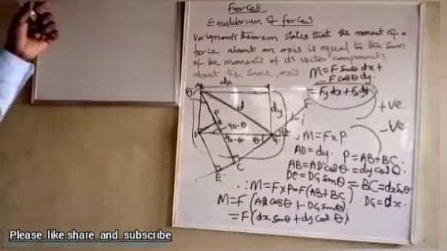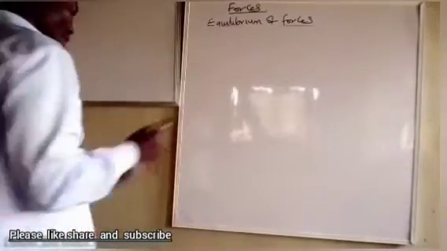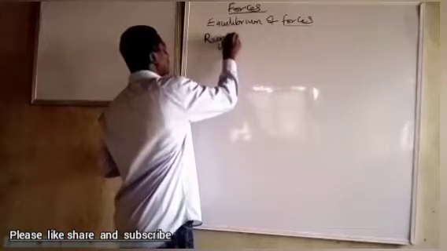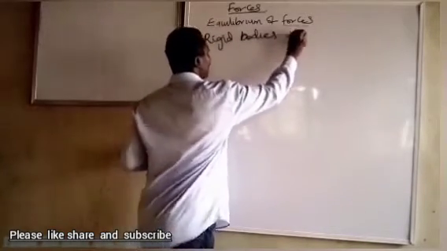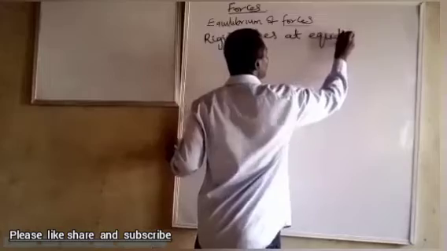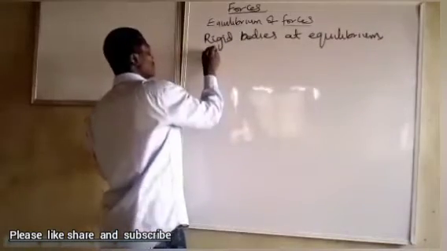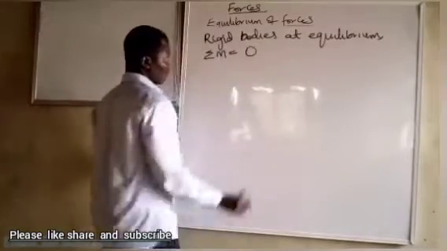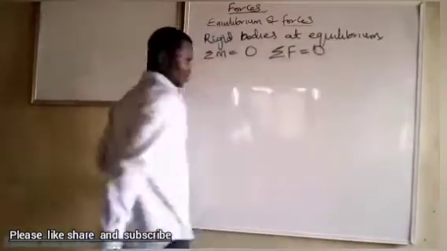Now, that takes us to another thing. What are we trying to say now? That for rigid bodies, we have an additional condition. At equilibrium, summation N will be equal to 0 and summation F will be equal to 0.